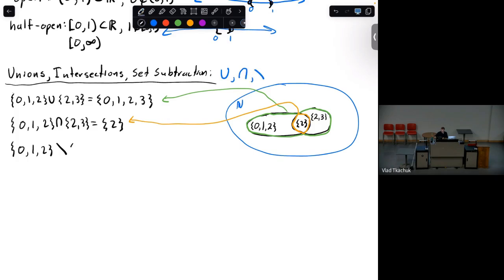The set subtraction of 2, 3 gives us a new set, where you take the set on the left, subtract all the elements of the set on the right, and you get the following set, which is 0 and 1. And so finally, this set is also a different set, which is this guy, but not including 2. Okay. So that's that.